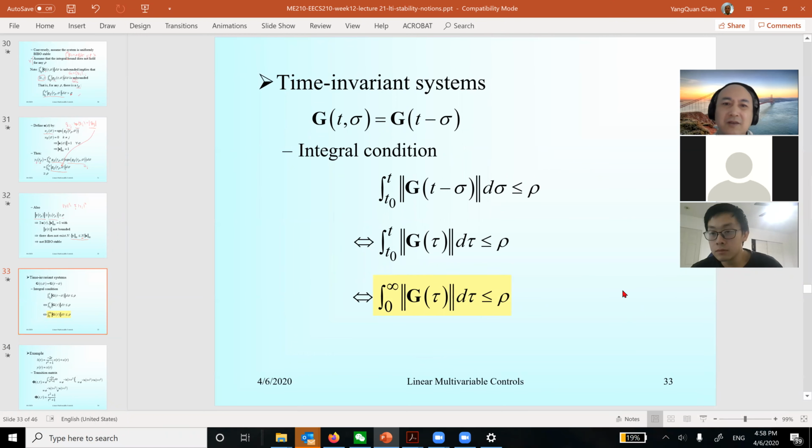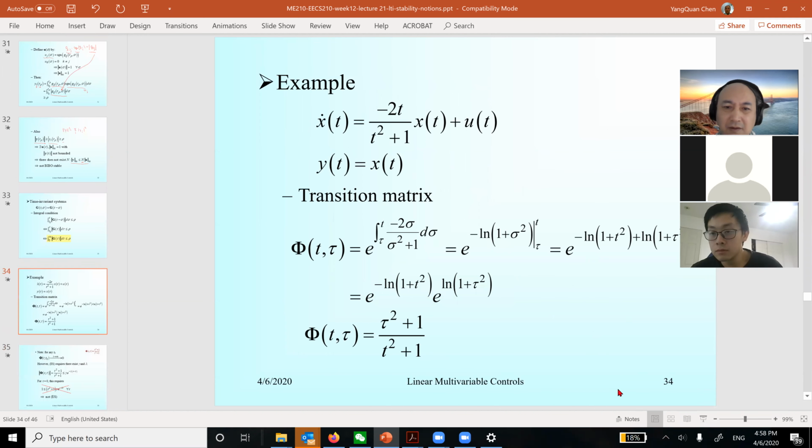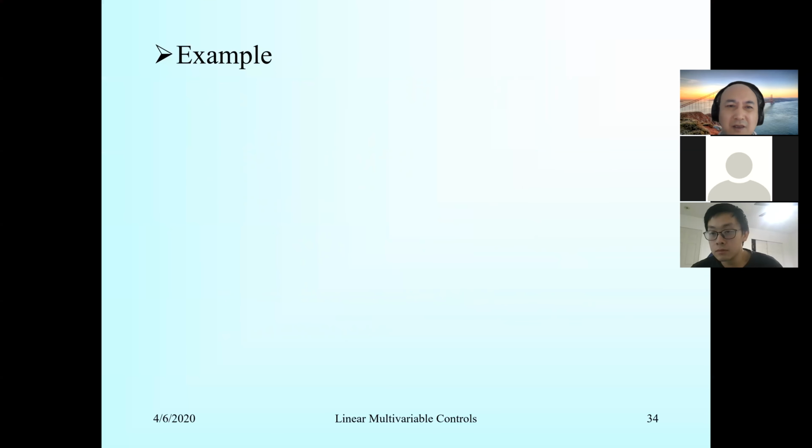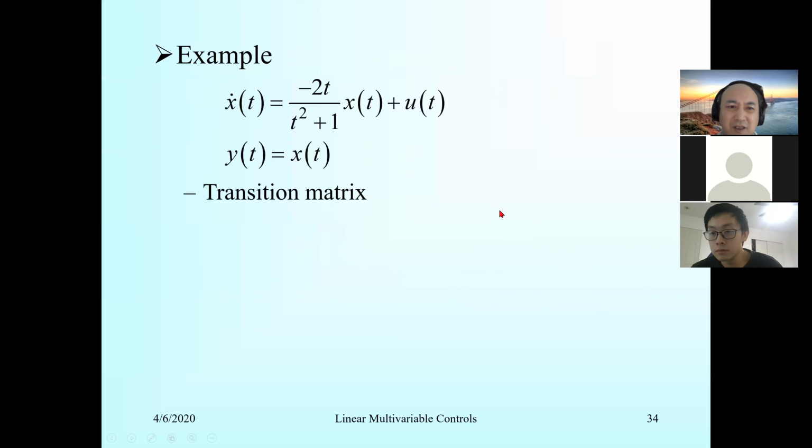Give me a second. So let's go through an example. Can you take a look at this example and see whether you can get this transition matrix while I get my power supply here?